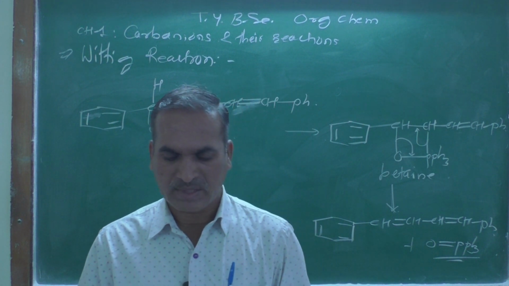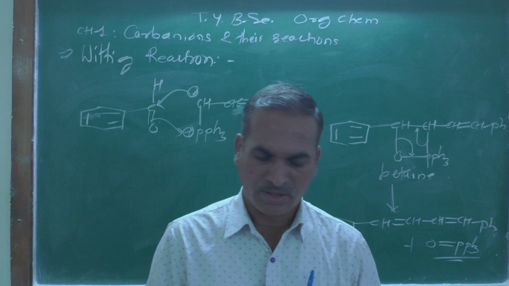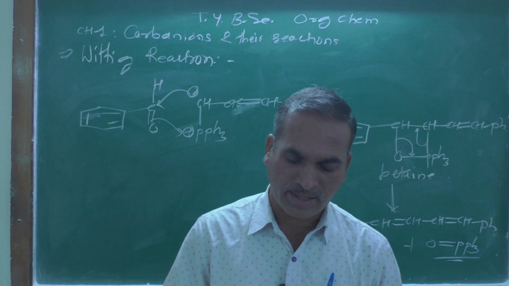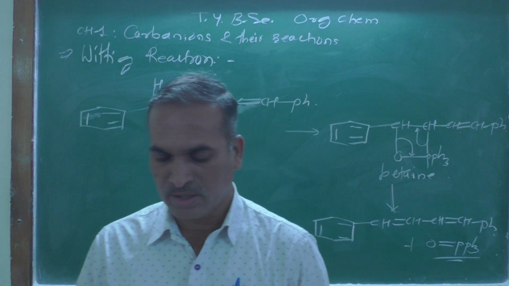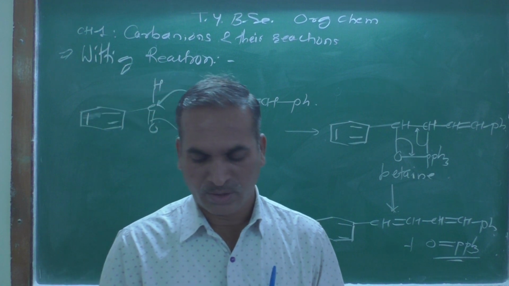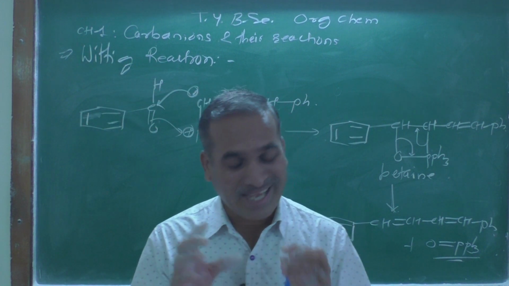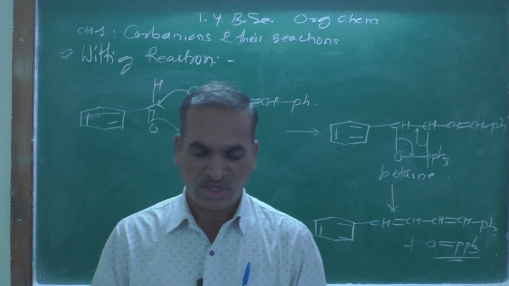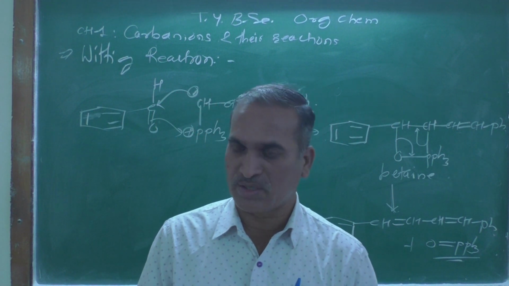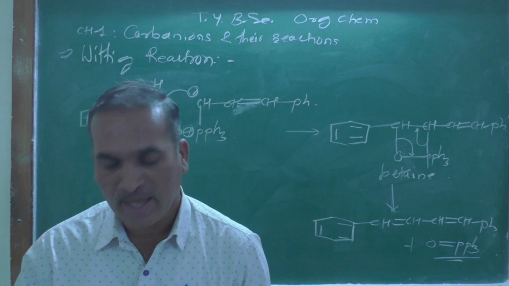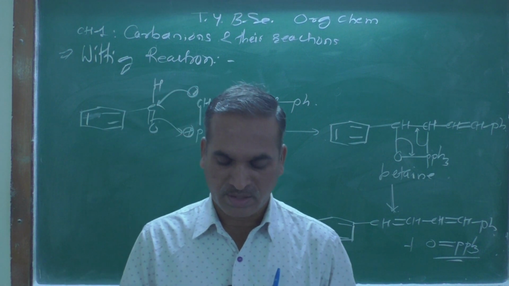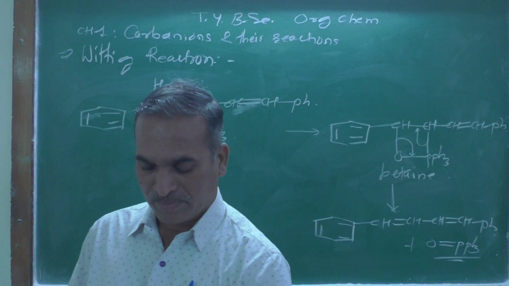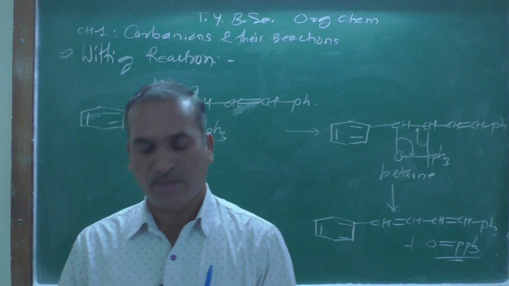During this reaction, the nucleophilic attack by an ylide occurs on the carbonyl carbon to form a betaine intermediate, which spontaneously undergoes elimination to yield an alkene. So that is called the Wittig reagent, and some of the applications we have also seen.